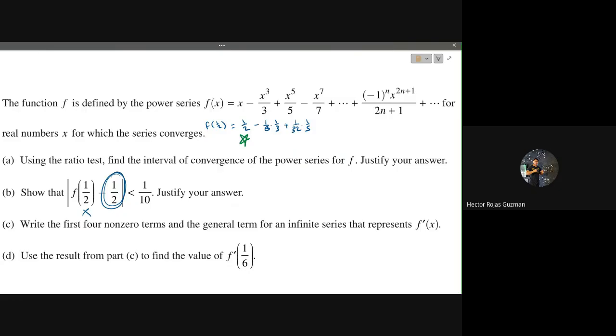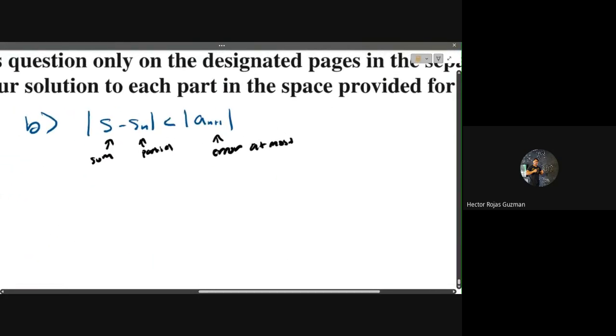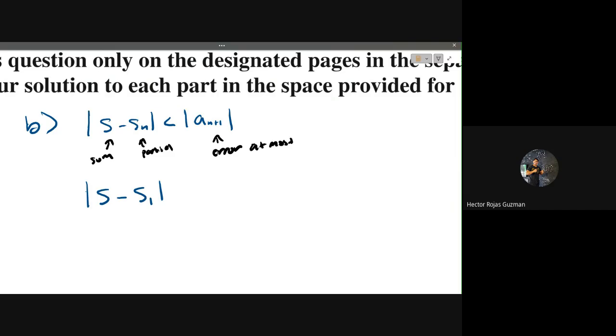I'll go back to this. So basically, for the sum of the series, we're using the partial sum with the first term only, which means this should be less than or equal to the absolute value of a of 1 plus 1, basically a of 2. You should just be looking at a of 2, the second term in the sequence.